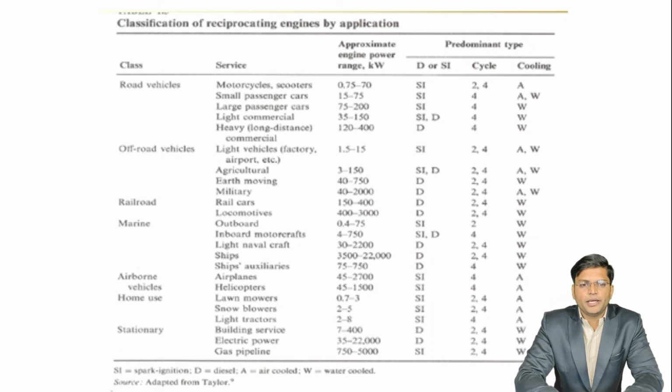So in this, the road vehicles, off-road vehicles, railroad transport, marine transportation, airborne vehicles like aircraft, home appliances like lawn mowers, snow blowers, and the stationary engines like building services, electrical power and gas power. So these are the different applications of IC engine.